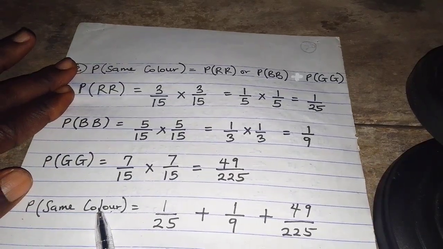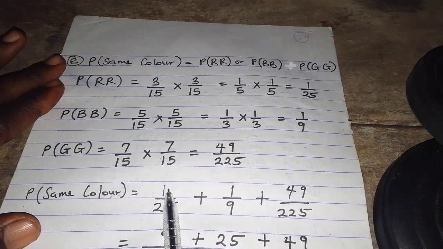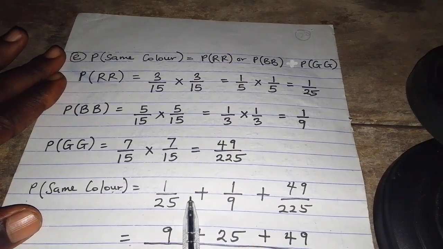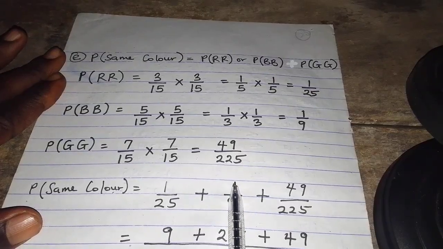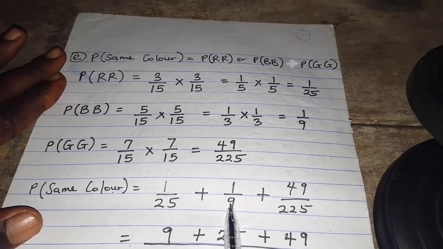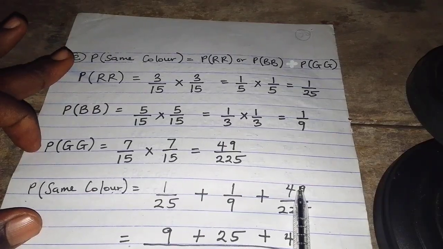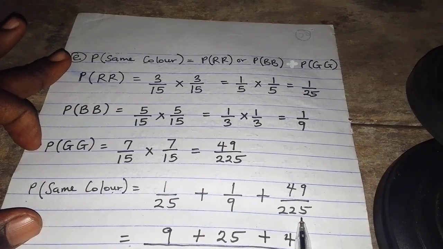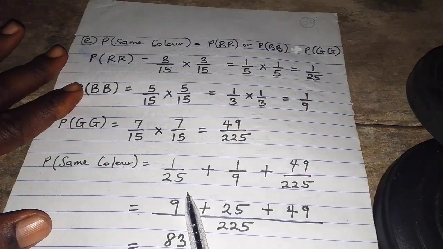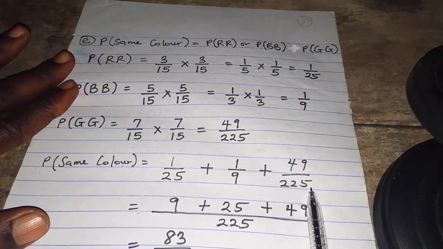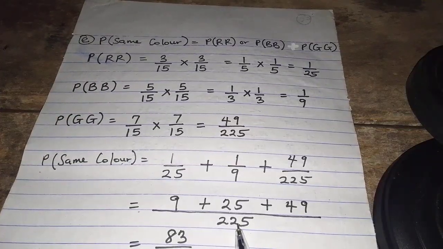So the probability of having them to be of the same colors. You see that the probability of red, which is 1 over 25, or because you're having or, that means you add. Then the probability of getting blue, which is 1 over 9, plus the probability of getting green, which is 49 over 225. So if you look for the LCM of 25, 9 and 225, you are going to get 225.